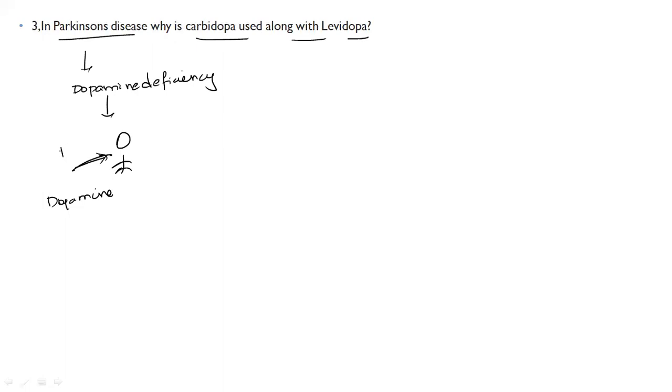But dopamine does not cross the blood-brain barrier. So what you have to do is give it in the form of Levodopa. We need it to be converted into dopamine only in the brain.